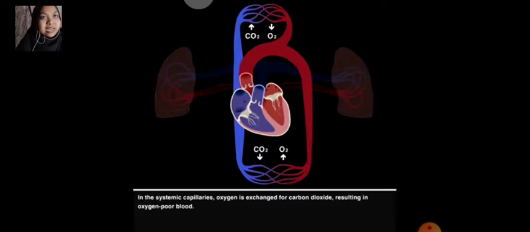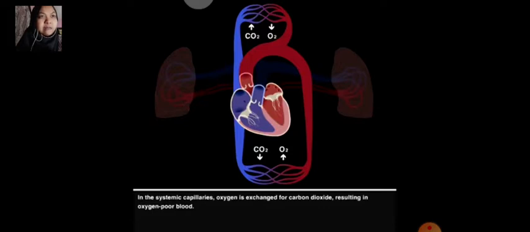The tip of the capillary that carries oxygenated blood is called the arteriole, while the end of the capillary carrying the deoxygenated blood is called the venule. And there is a connection between the arteriole and venule, which is shaped like a webbing. There is also a direct connection from the arteriole to the venule via an arteriovenous anastomosis.